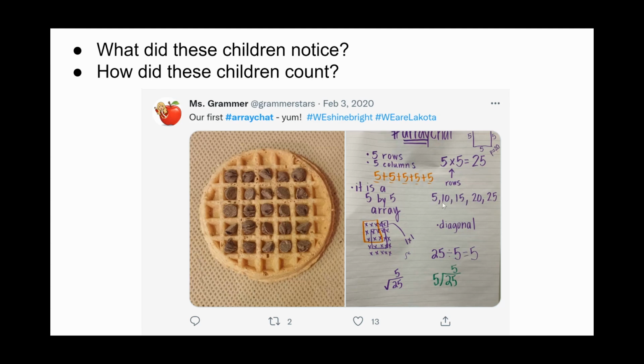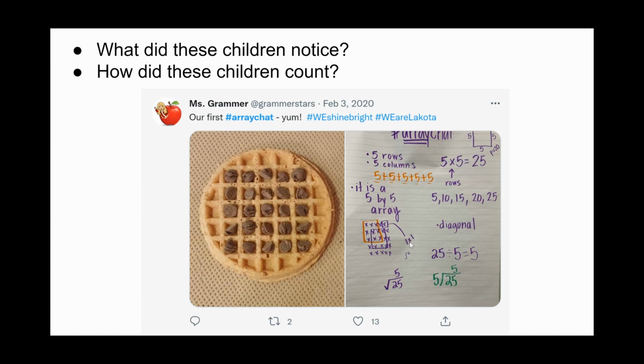We see children going through a skip counting, 5, 10, 15, 20, 25. And we see children starting to realize that this is a multiplication problem. We even up here in the corner see children starting to bridge this idea of this 5 by 5 array to the area model of multiplication, which is kind of the next stage in visualizing multiplication, as well as connecting multiplication to division.